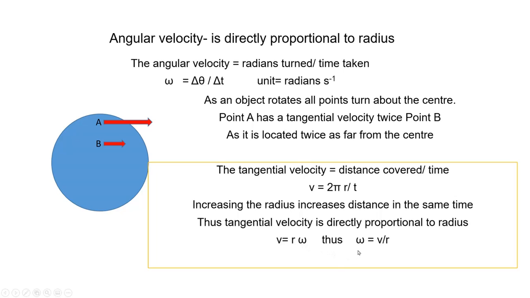Also, by rearrangement, if you're trying to calculate the angular velocity, it's simply the linear velocity divided by radius. So the same pattern as we saw for angular displacement and dividing the linear distance by the radius.